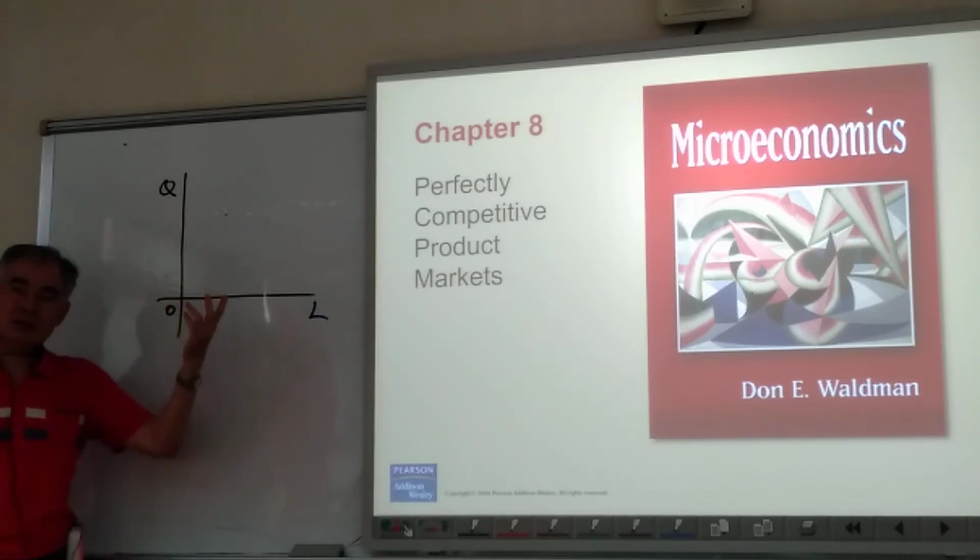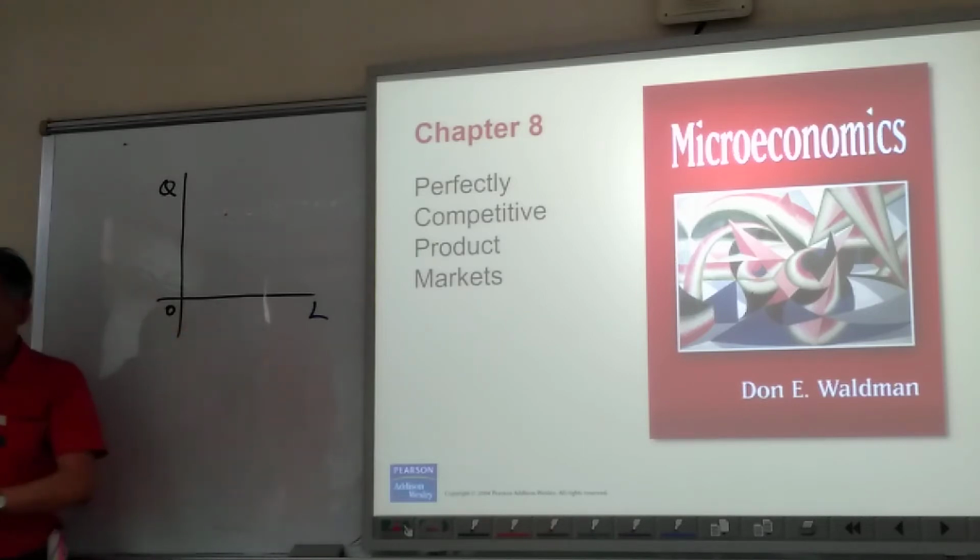Okay, so we mentioned that for the input to contribute to the production, it works in several stages. First of all, when you employ some input, it works a little bit, and then the contribution is a little bit more. So what I'm referring to is marginal product.